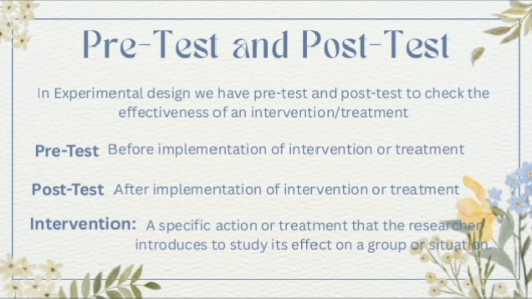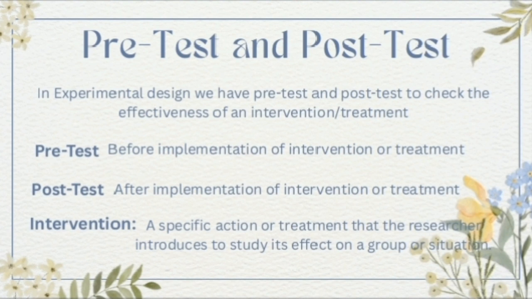Whenever we want to experiment with something, experiment means we want to apply something. So in experimental design we apply or implement interventions, or we can say a treatment, to our variable or to our research to check their impacts or the effectiveness of the intervention.